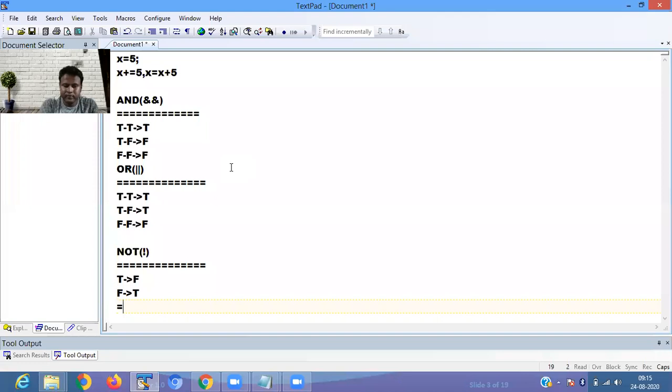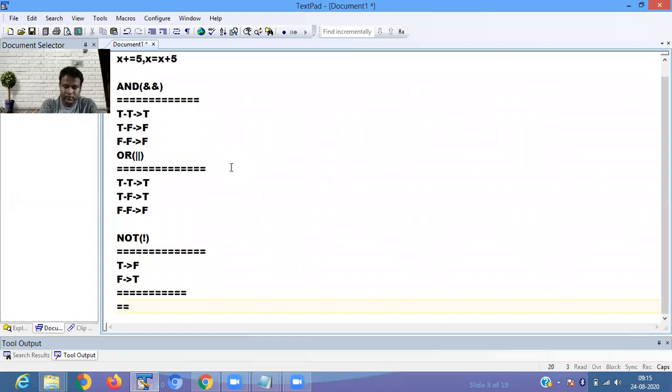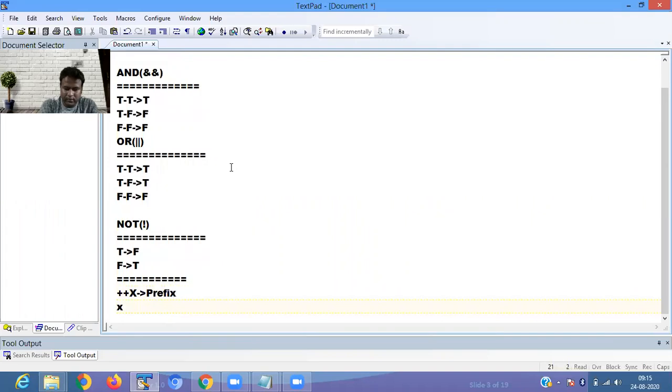If you write plus plus x, it is called the prefix operator. Here, x plus plus is called a postfix operator.